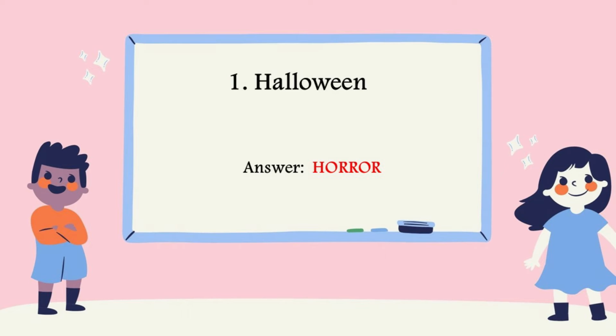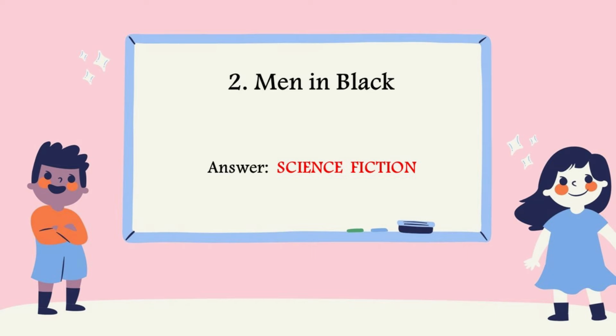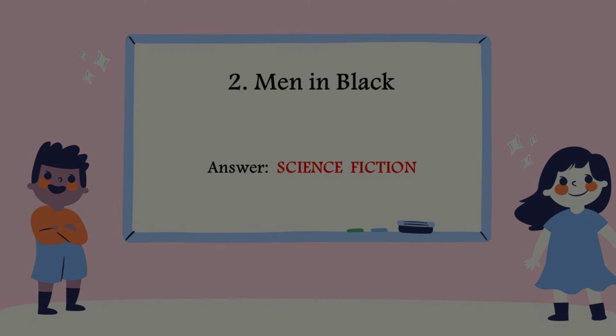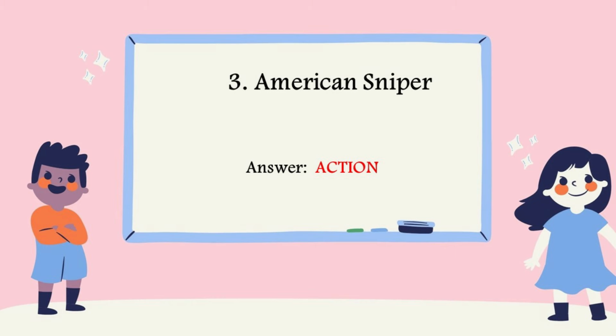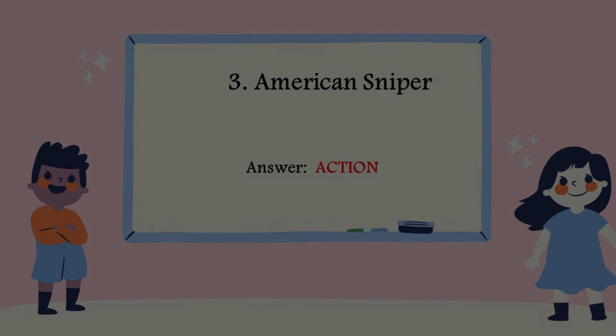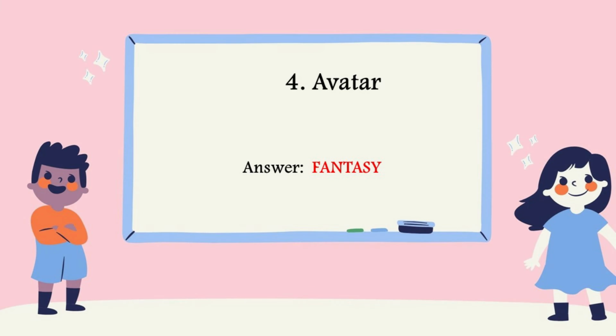Are you done? Let's check your answers. For item number 1, the answer is horror. Number 2, Men in Black. The answer is science fiction. For number 3, American Sniper. The answer is action. Number 4, Avatar.